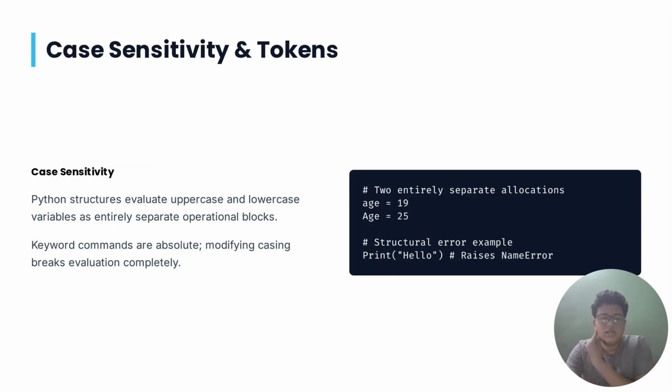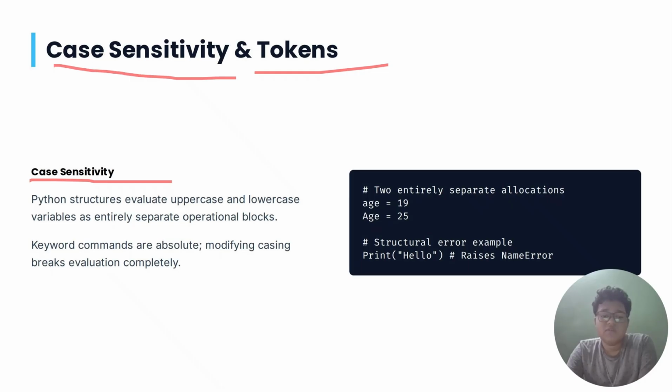Yes, so Python is very case sensitive. Activity and tokens. We have to talk about the case sensitivity and tokens of Python, which is very important. Case sensitivity: Python structure evaluates uppercase and lowercase variables as entirely separate operational blocks. That means Python is case sensitive.